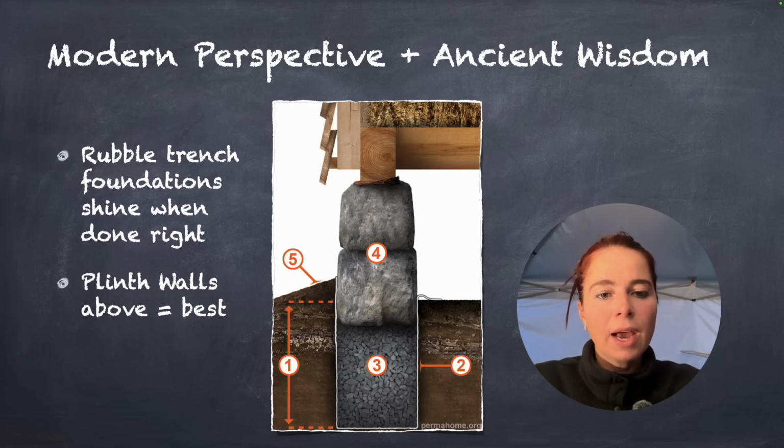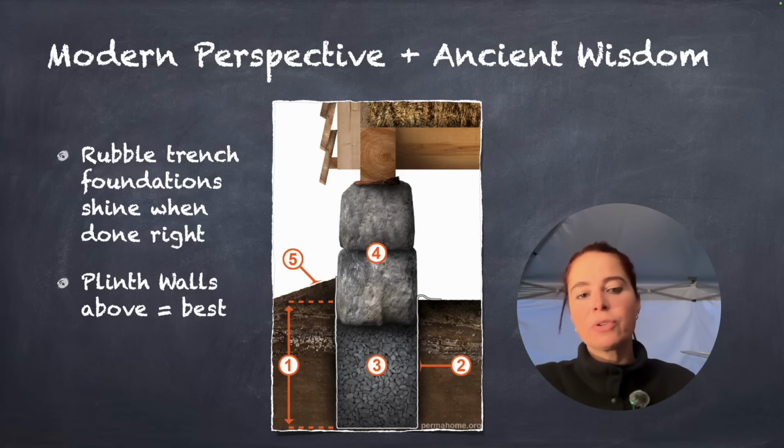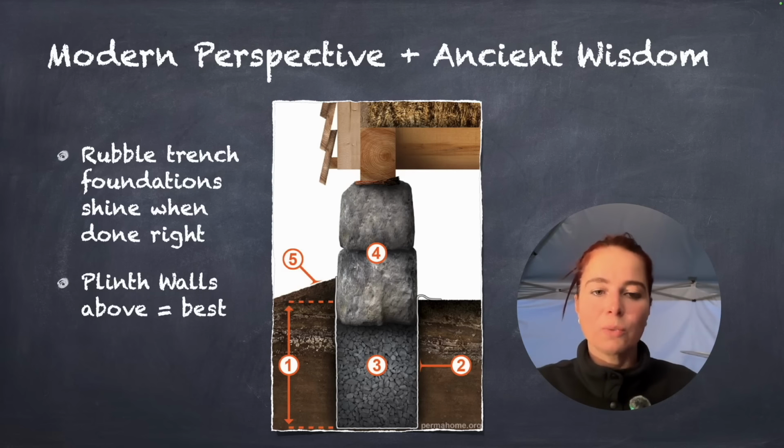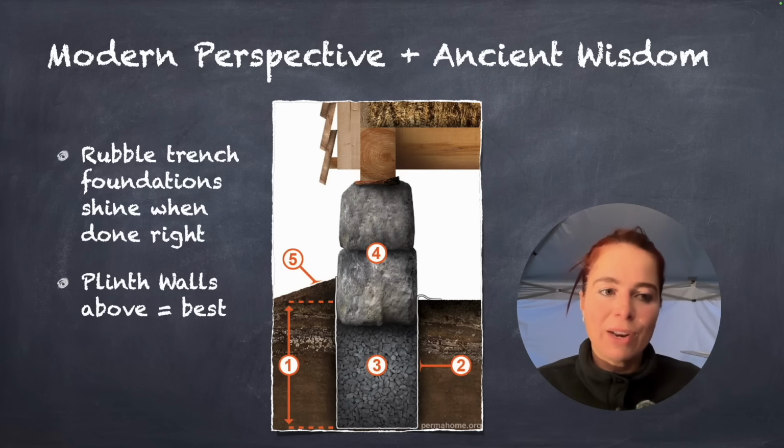So I don't want to absolutely romanticize ancestral methods. I really think that we need modern perspectives and to combine those modern perspectives with ancient wisdom. We can use our modern understanding of moisture management and understand how ancestral methods really tapped into that knowledge before building science was even a thing.